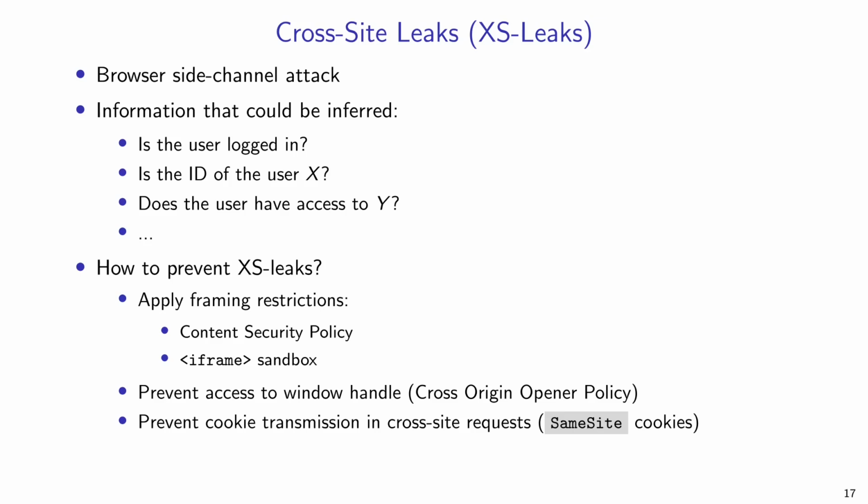This helps in most cases, but there are limitations which we will discuss next time. And finally, we can block potentially malicious cross-origin requests by inspecting the Sec-Fetch request headers. This topic we will also cover in the next lecture. But for this lecture, let's focus on the first two defense mechanisms: framing restrictions and preventing access to window handles.